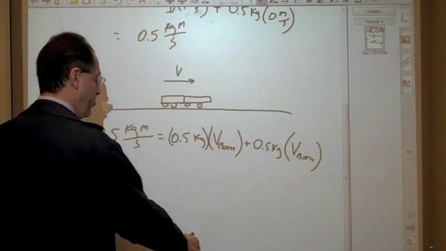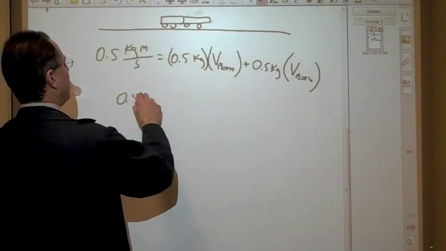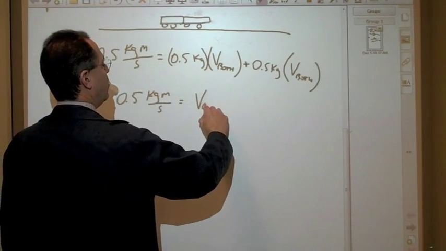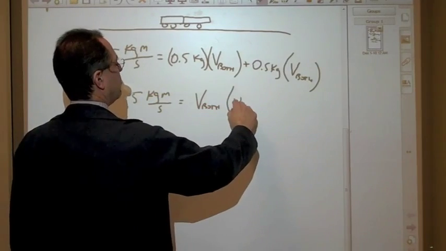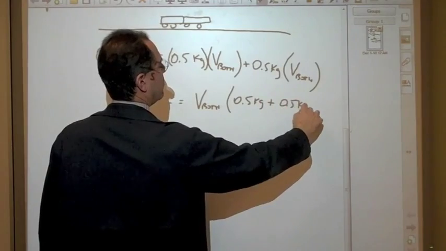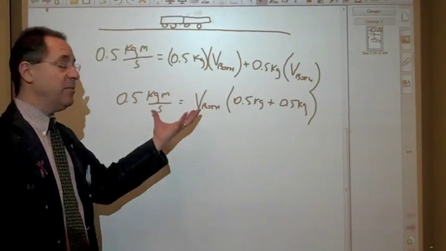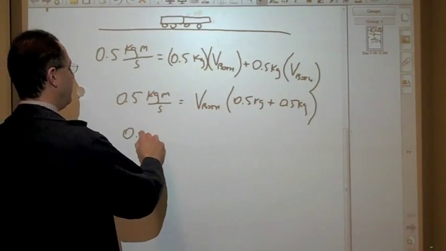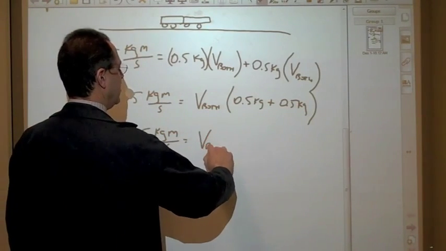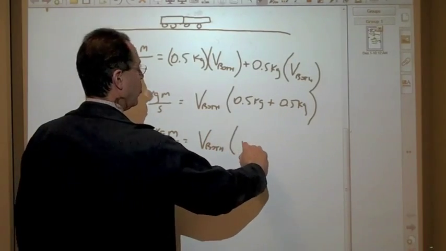Factoring out v both, you can say 0.5 kilogram meters per second is equal to v both times 0.5 kilograms plus 0.5 kilograms. You can add them together. 0.5 kilogram meters per second is equal to the velocity of both times 1 kilogram, right?